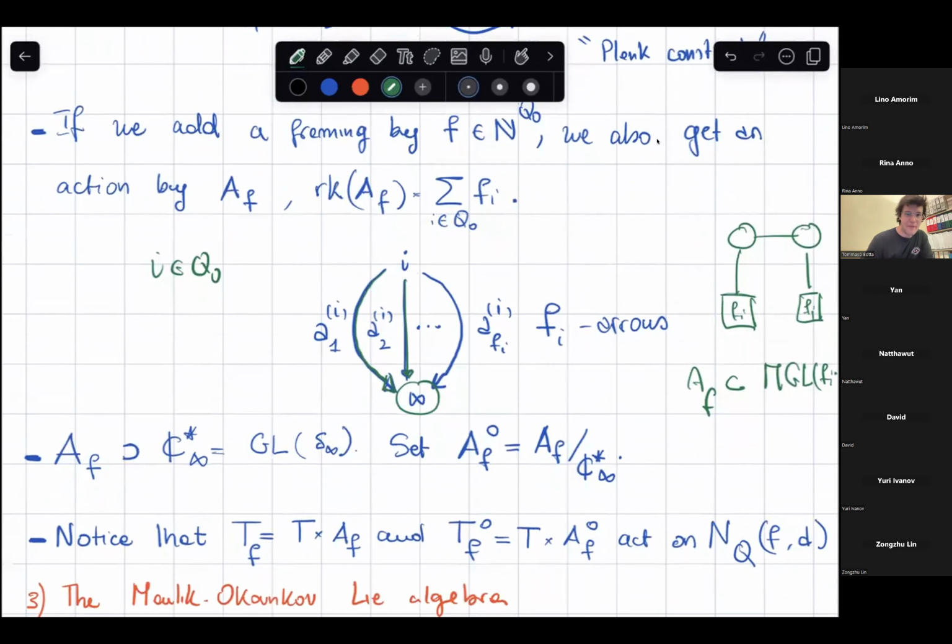We can consider a one-dimensional subtorus, which I denote as C star infinity, instead of AF. It is essentially the subtorus sending its spanning variable to a tuple where all the variables are the same. Maybe I should write it without the brackets here.